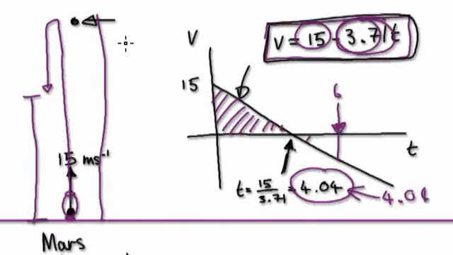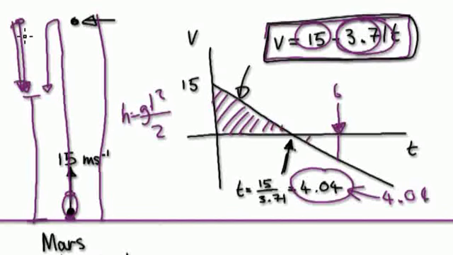Okay, and then I would ask you to jump to the free fall formula, h equals gt squared over 2. You see, this distance here is actually the same as this area here.